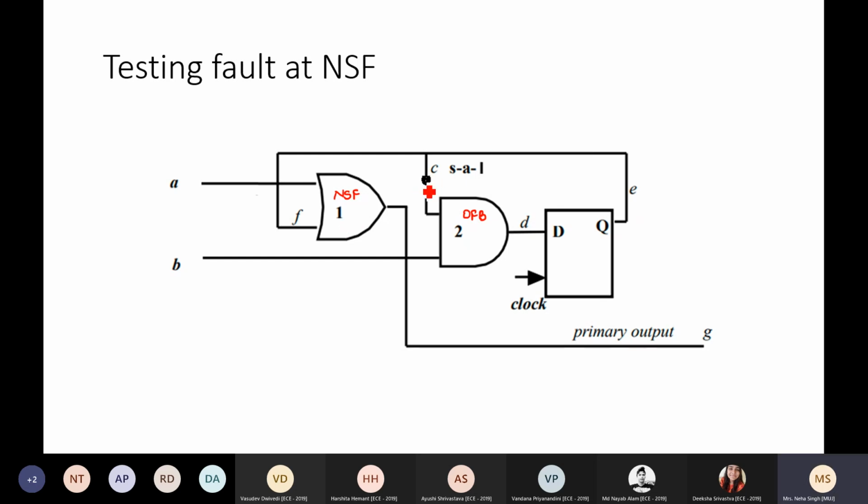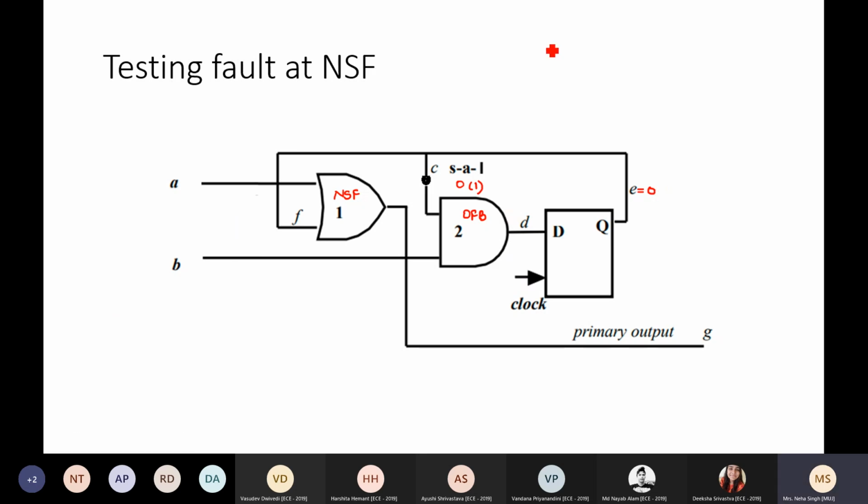तो अगर मुझे C पर fault initialize करना है, so basically what I need is I need to ensure something happens at E. अगर मैं C पर stuck at 1 fault कह रही हूँ, तो इसका मतलब actual value should have been 0. Then only it will show a stuck at fault at 1. If this is the case, this simply means I need to ensure E equal to 0 होना चाहिए. ठीक है?